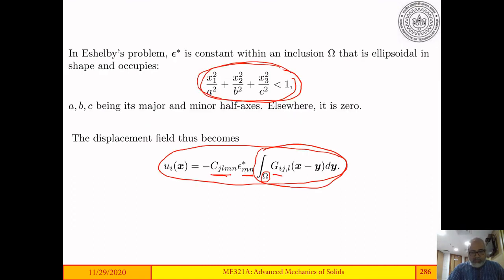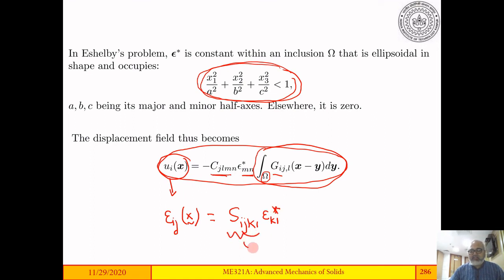The integration may not be easy, but Eshelby again, in a remarkable result, showed that if you take this ui and calculate the epsilon ij, which again would be a function of x, then you can express it as Sijkl epsilon kl star, where this Sijkl is a constant tensor called the Eshelby tensor.